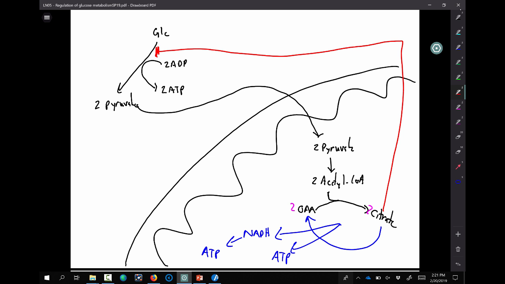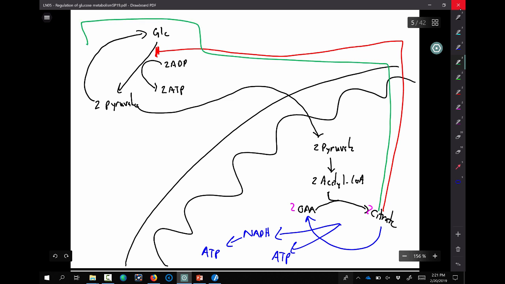Okay? At the same time, gluconeogenesis, the opposing pathway, that same molecule can activate that pathway. Inhibits this pathway, activates that pathway.